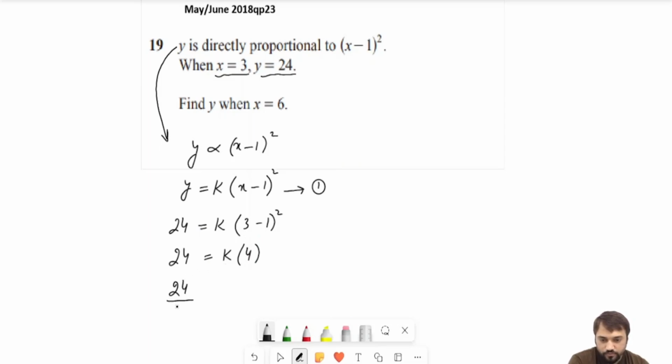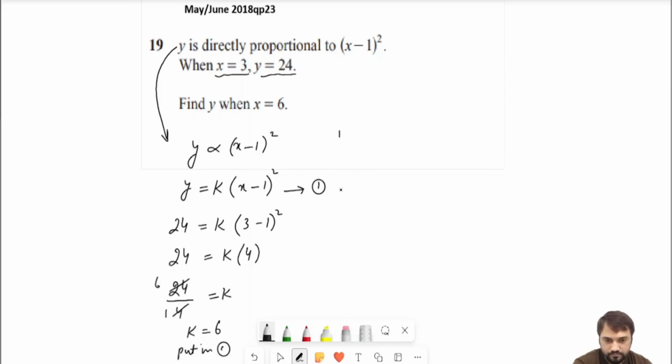So 24 over 4 is equal to k. 4 how many times? 24. 4 one time, 6 times. Put in 1. 1 will become y is equal to 6, x minus 1 whole square.